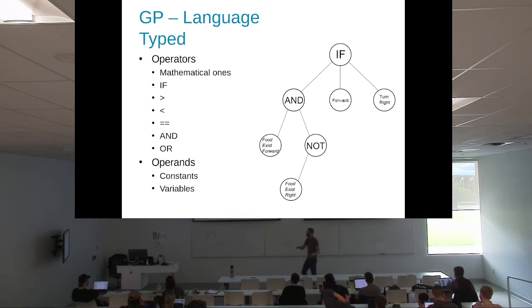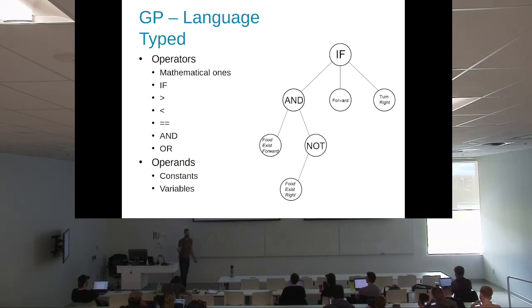Here it's a little different because we have an if, which might have two outcomes. So now we can represent a program like this as a tree. And maybe this one is programming a robot how to traverse a maze full of food. Again, a silly little example. But the program could be: if food exists forward and food does not exist to my right, move forward.